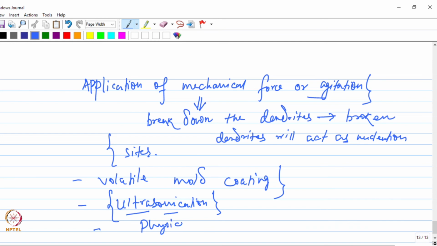You physically stir the melt using a mechanical stirrer. You immerse the stirrer and agitate it vigorously. That can also break down the dendrites, and a similar kind of stirring can also be generated by an electromagnetic stirrer.